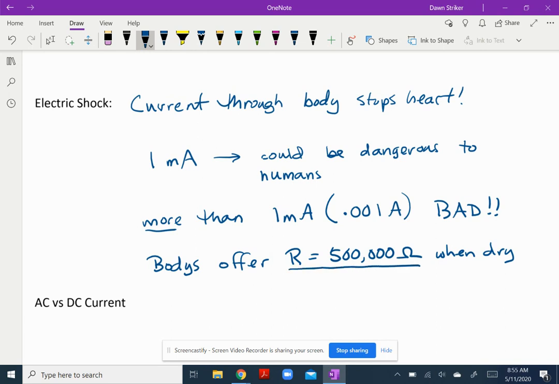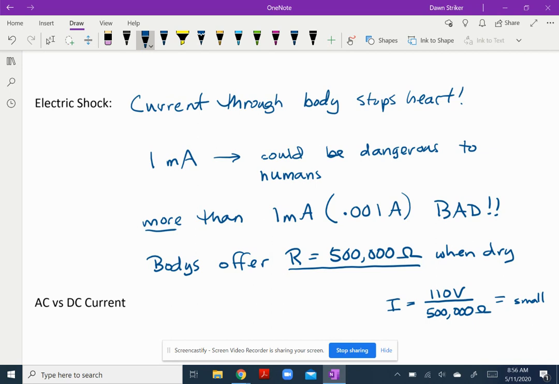Our bodies have a whole lot of resistance. So if you just use Ohm's law and I want to know the current, 110 volts divided by 500,000 ohms will give me the current, right? It's going to be very small, very small.